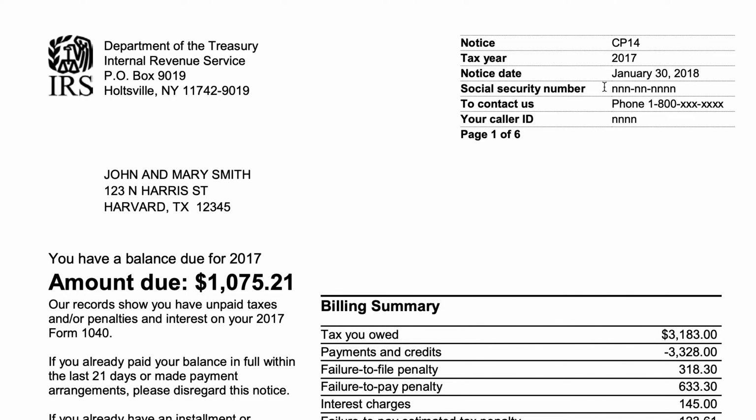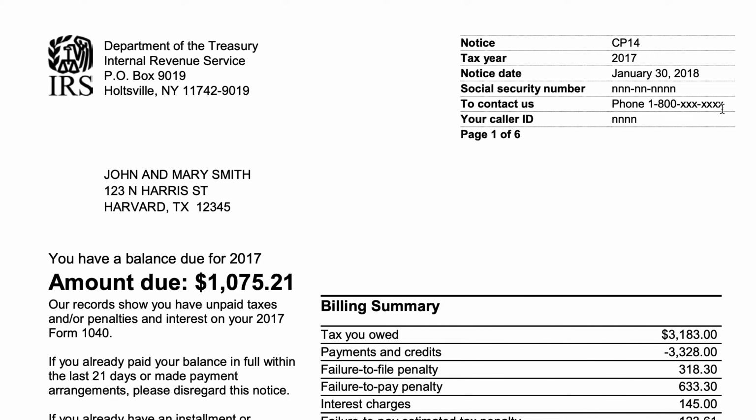In your notice, you should see your Social Security number here. You should see a phone number to be able to contact the IRS for specific questions. This will likely be contact information for an IRS revenue officer, and that person's primary job is to get you to pay taxes, either by setting up an installment plan or a payment plan, but they're going to ask you for as much money as possible.